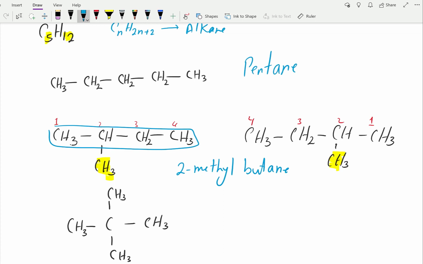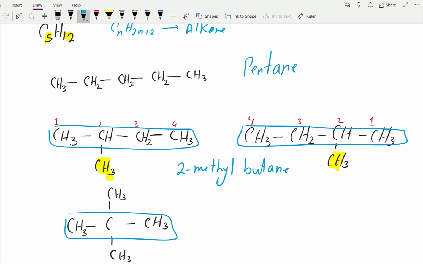So exactly the same name for the hydrocarbon which is written at the right side. It's 2-methylbutane. For the next one, the longest chain is this one. So this is our parent. We have 2 branches here. Both of them are methyl and it's on the second position. 1, 2, 3.